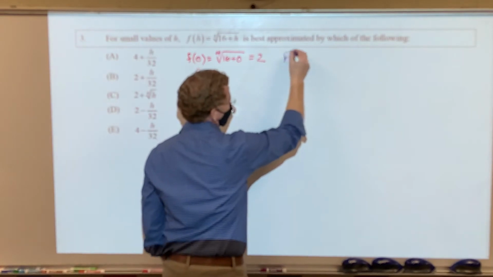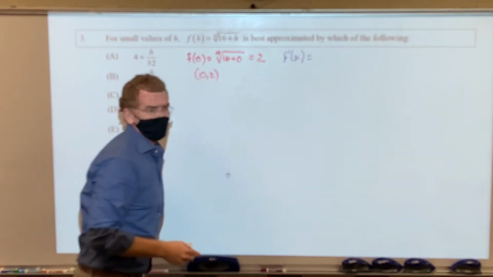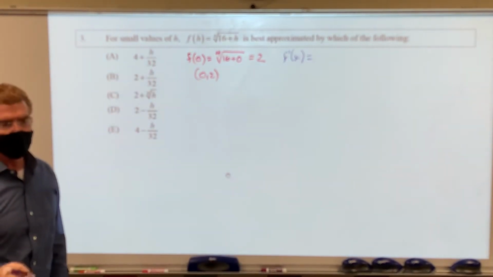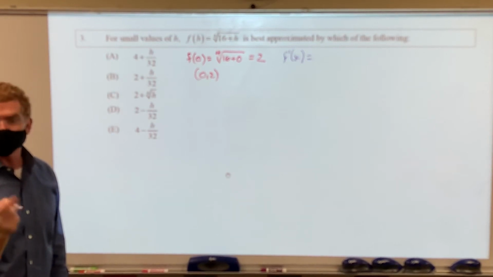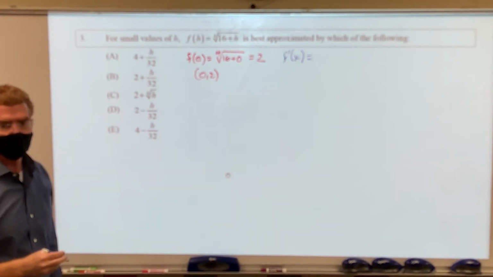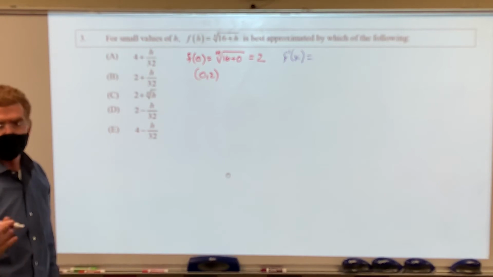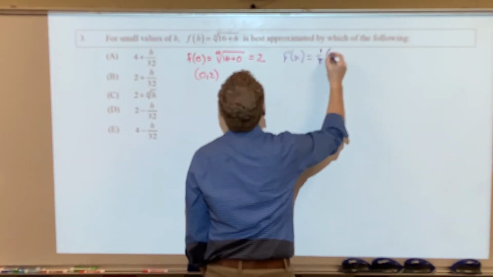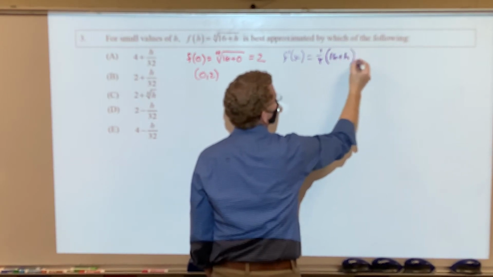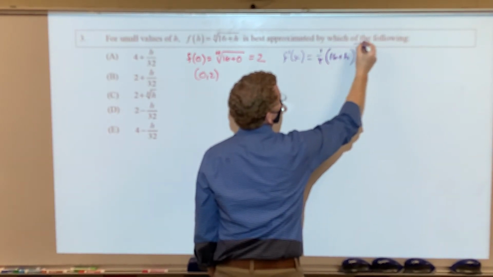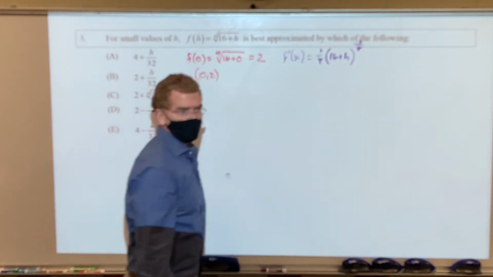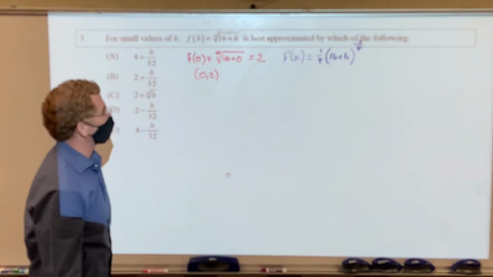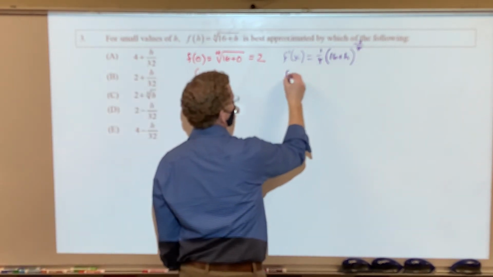Okay, so the derivative of this would be, and I don't have a little trick, actually I do, but it doesn't matter. How would you do the derivative if you were doing this? It's not worth memorizing for them. Change it to a 1/4 power and say, all right, 1/4 times 16 plus h to the negative 3/4, right? And then what happens if I plug a 0 into that?